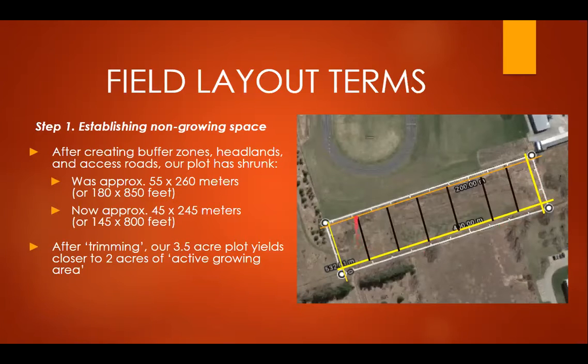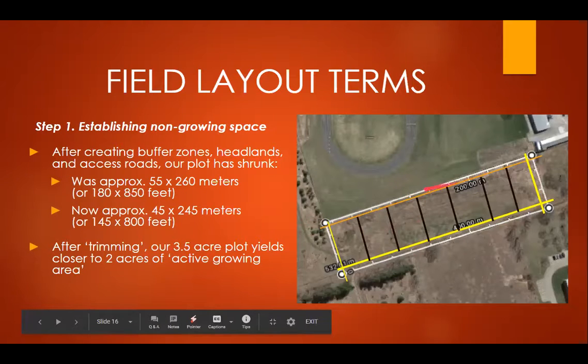And then we created access roads in between to make sure that you're not traveling any more than 100 feet from the middle of your plot to the access road. So after trimming, you actually lose quite a bit of your field plot, but it's necessary. I'm not sure if this math is quite right, but after trimming our 3.5 acre plot, we might lose an entire acre to this trimming. But it's a necessary loss in order to keep this growing area more active.